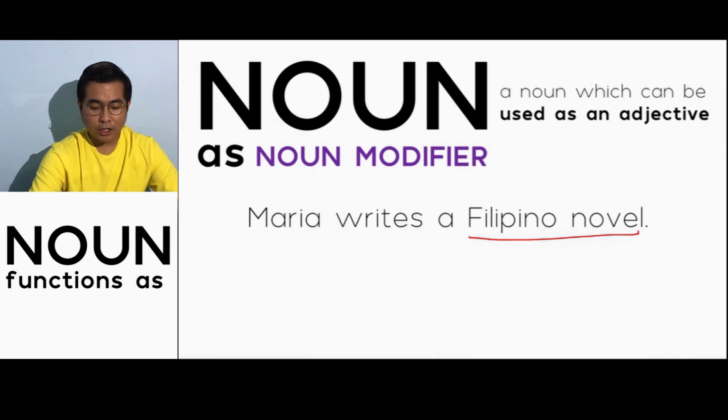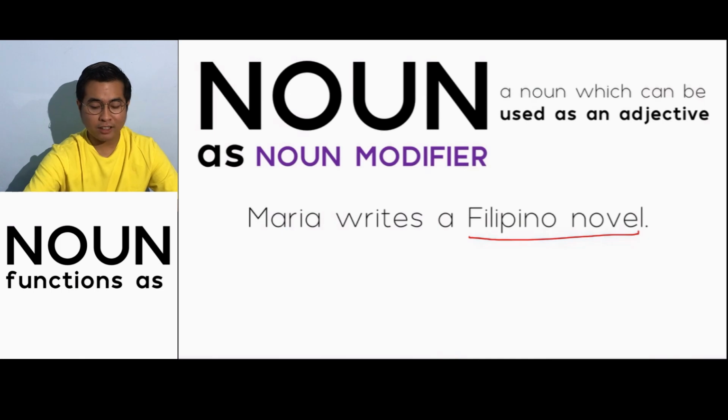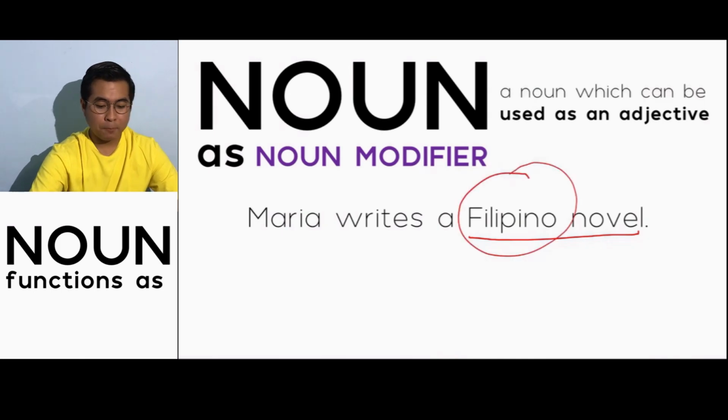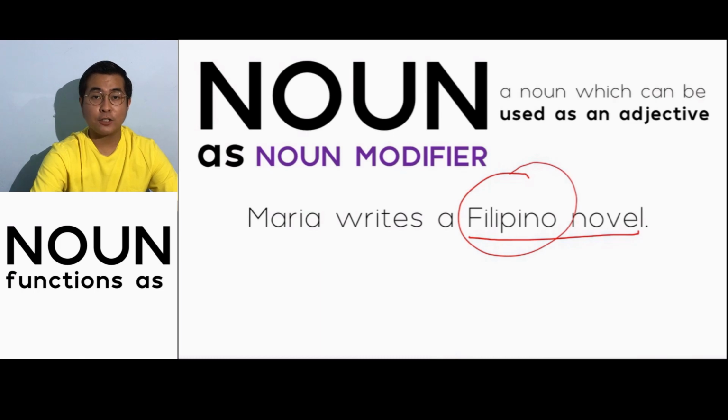Filipino is a proper noun, and novel is also a noun. The noun that modifies another noun is "Filipino." It acted as an adjective: a noun in form, but its function is to be a describing word.